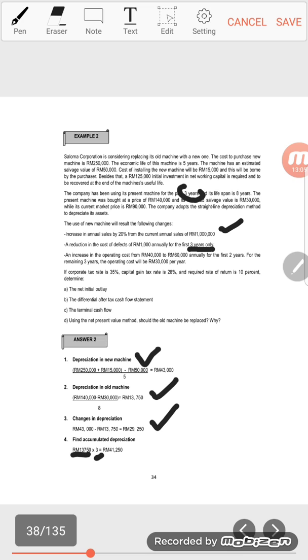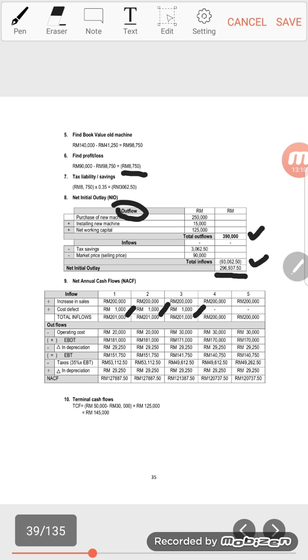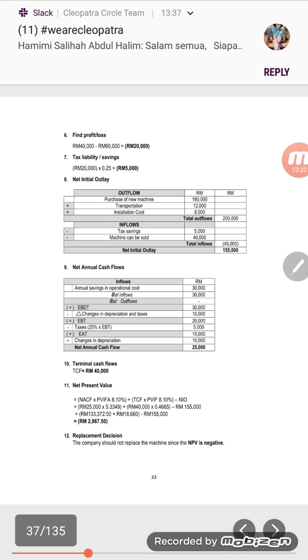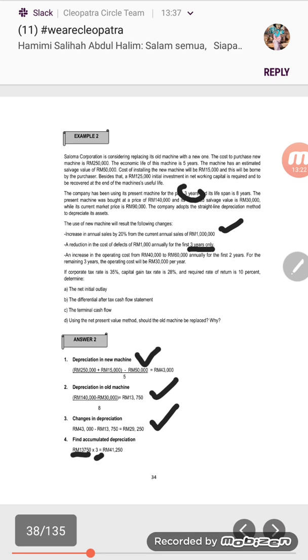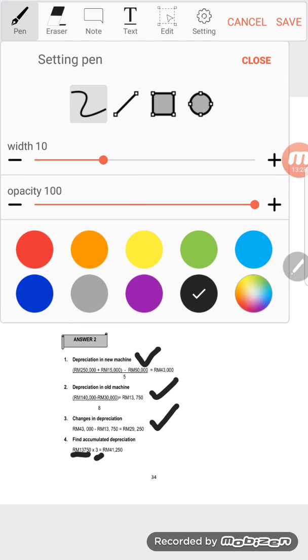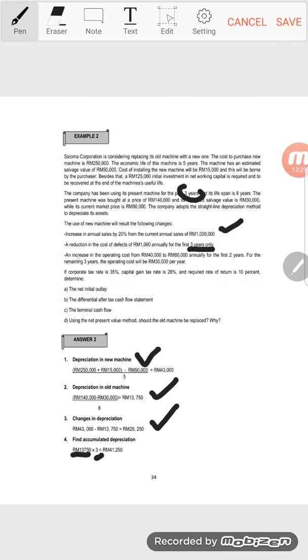So when it is a reduction in cost, we put it under inflow. That's why we put it under inflow. But now the operating cost here is an increase.